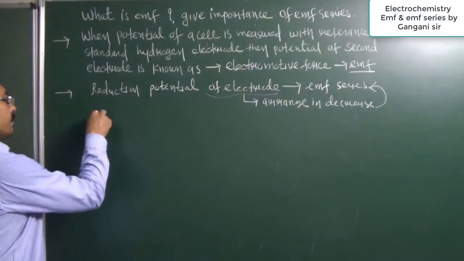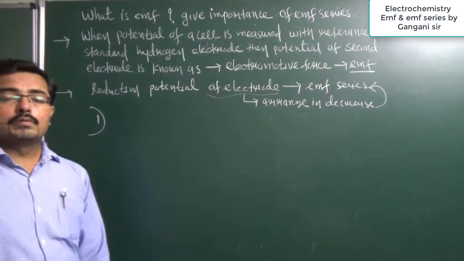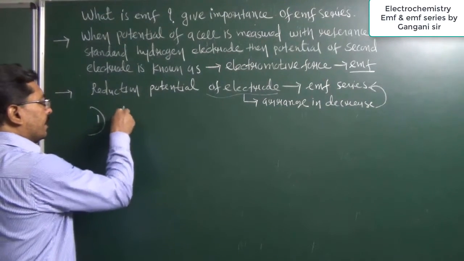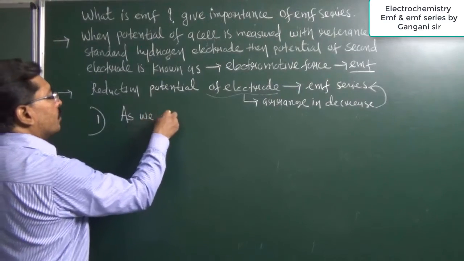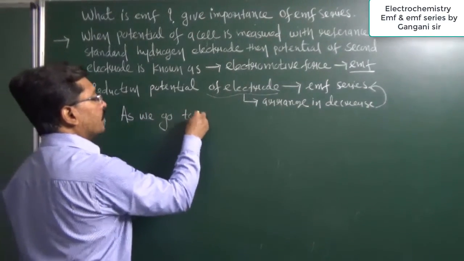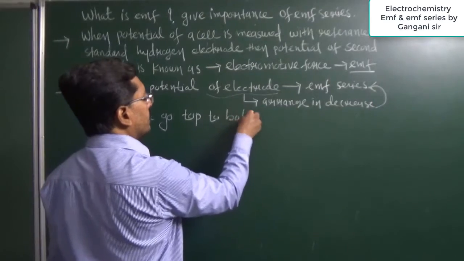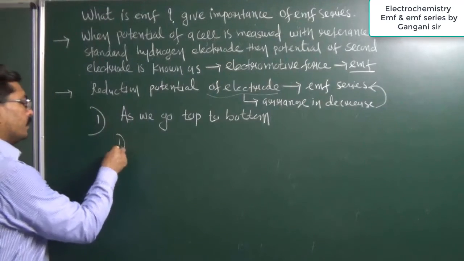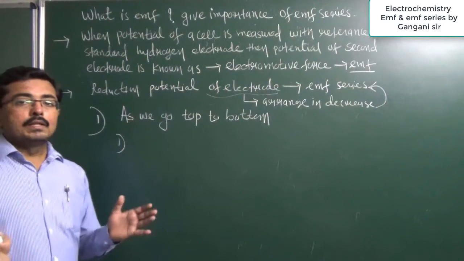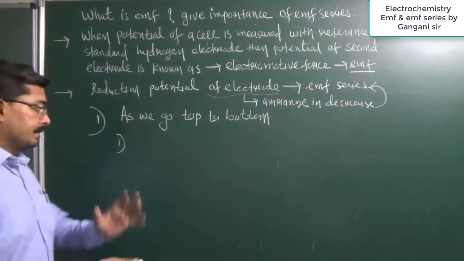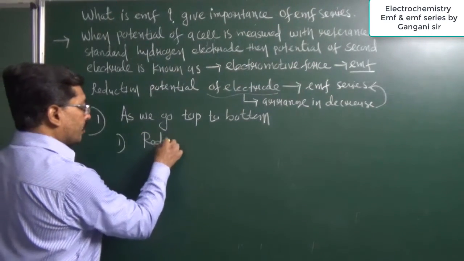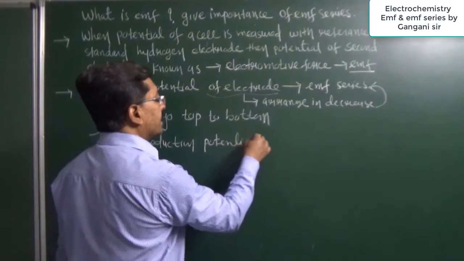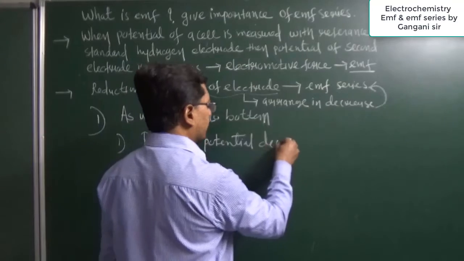Now, from this EMF series, four different things we can conclude. First thing: in the EMF series, as we go from top to bottom, it is observed that the reduction potential will decrease.